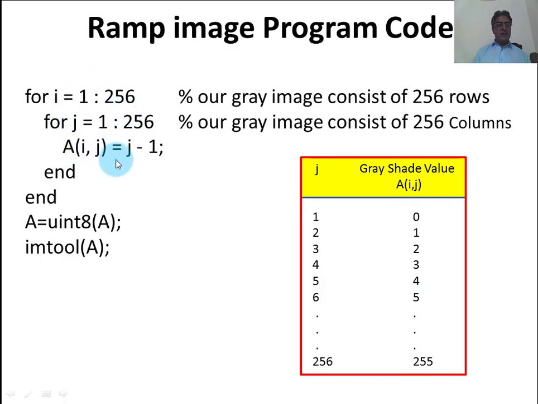Then at the second row, the internal loop will proceed from column number 1 to column number 256 with these values, that is 0, 1, 2, 3 up to 255.